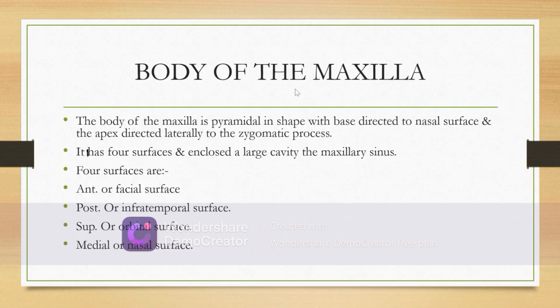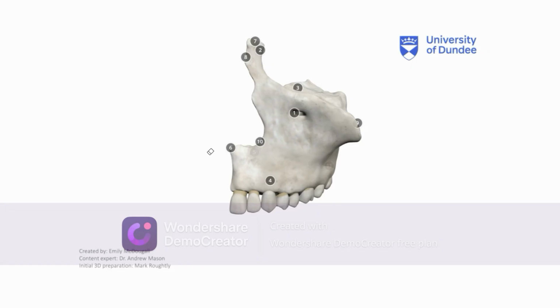Now, first of all, we are learning about the body of the maxilla. The body of the maxilla is pyramidal in shape, the base is directed towards the nasal surface, and the apex is directed towards the zygomatic process. I have earlier told you that it is triangular in shape. You can clearly see this triangular shape. This is the base of the triangle, and this is the apex of the triangle.